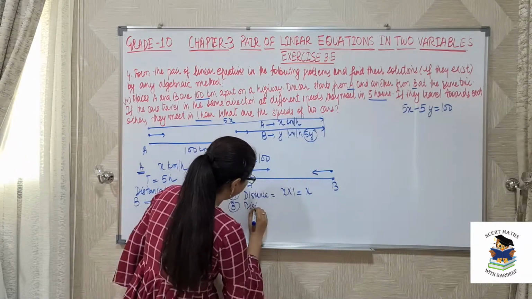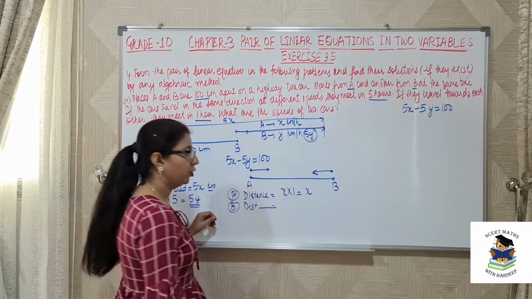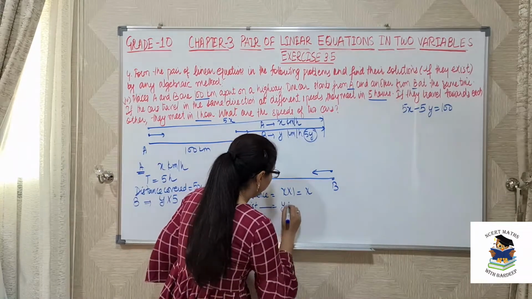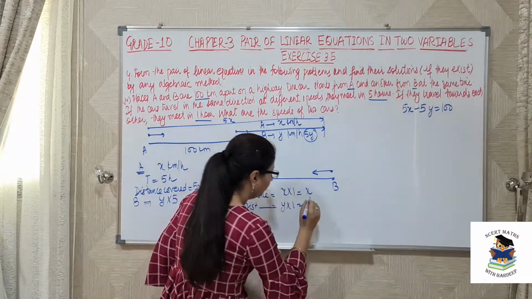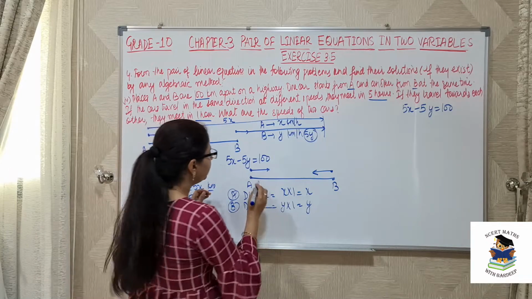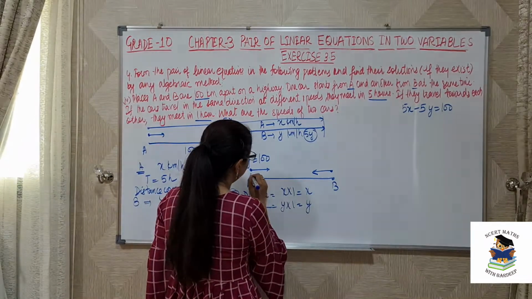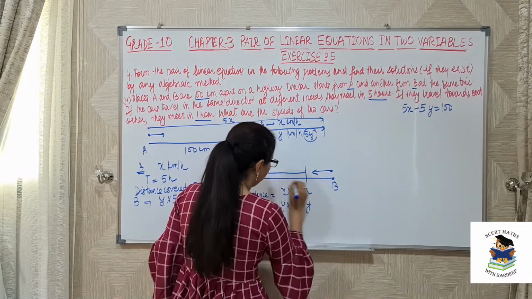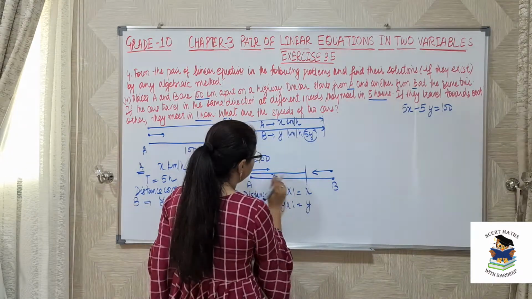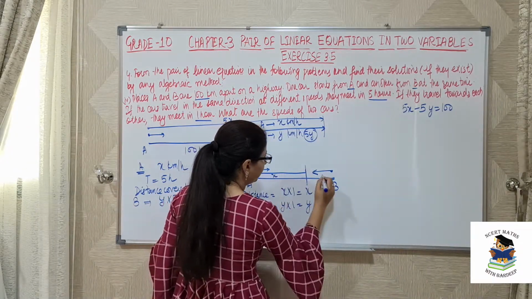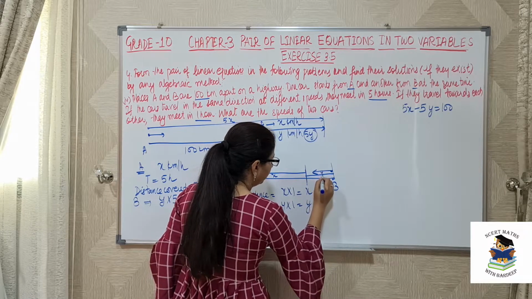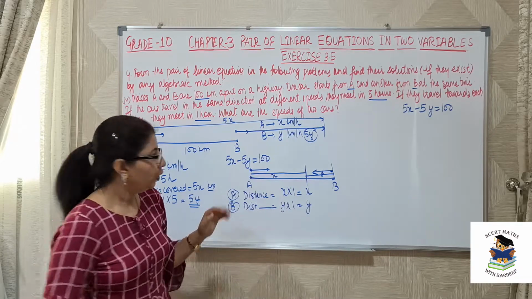Now the distance covered by the car starting from B: the speed is y, the time is 1, so y into 1 means y kilometers. Let us assume that they are moving and they meet somewhere here. So this distance is x and car B has covered y kilometers.